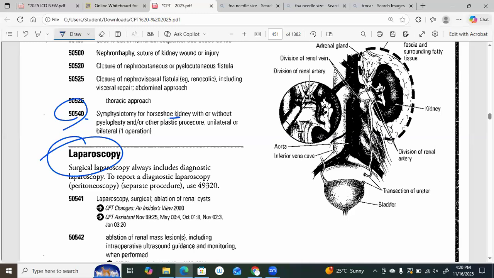Laparoscopy surgery. Next, we have a laparoscopic. Can any one of you tell me the laparoscopic approach? What we have to do in the laparoscopic approach?